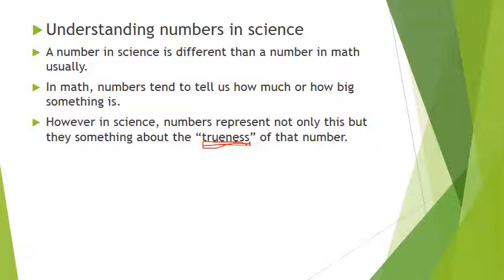If you have a number that is really true, you can go, oh, I can see that number. It tells me something really good about what I saw, and that gives you a lot of information. But if you have a number that says your measurement is really blurry, then you go, well, I can't tell you too much about what's going on here.